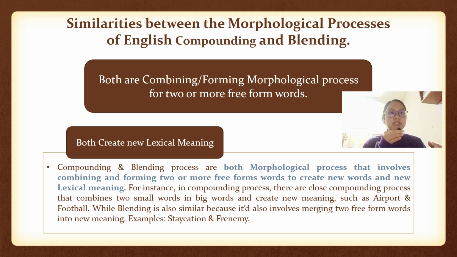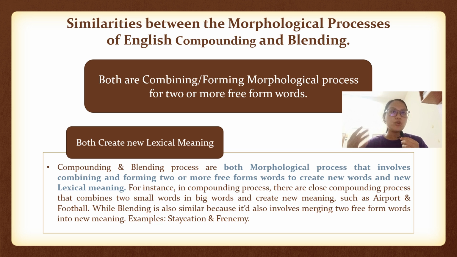So for instance, in the compounding process, there is the closed type of compounding process. For instance, we have airport and football. Take airport, for instance. Air is a free-form word for the atmosphere, and port is a free-form word for a place where transportation will usually end up, or a place for them to stay.